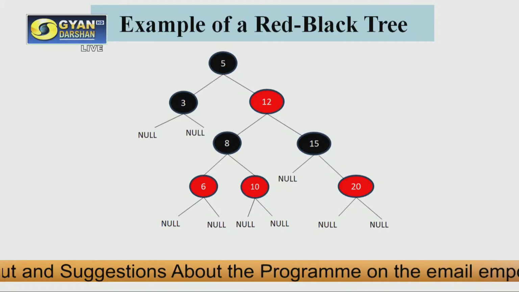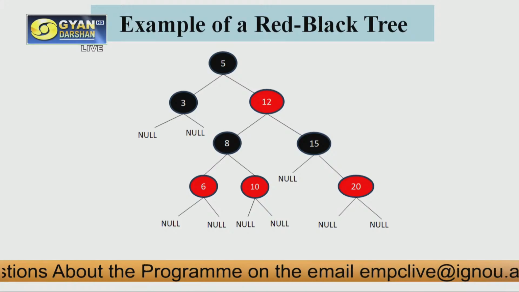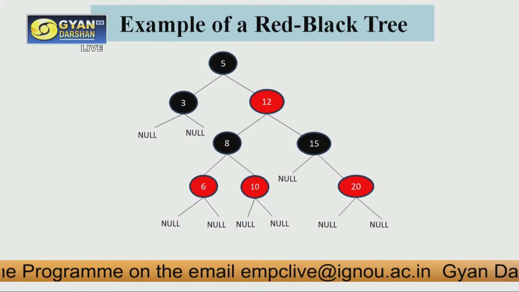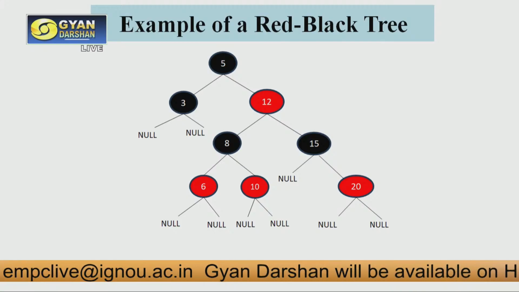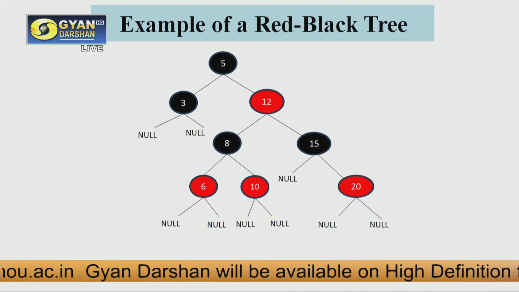For example, the right child of 5 is 12, so to the left of 12 all are smaller and to the right of 12 all are bigger values.